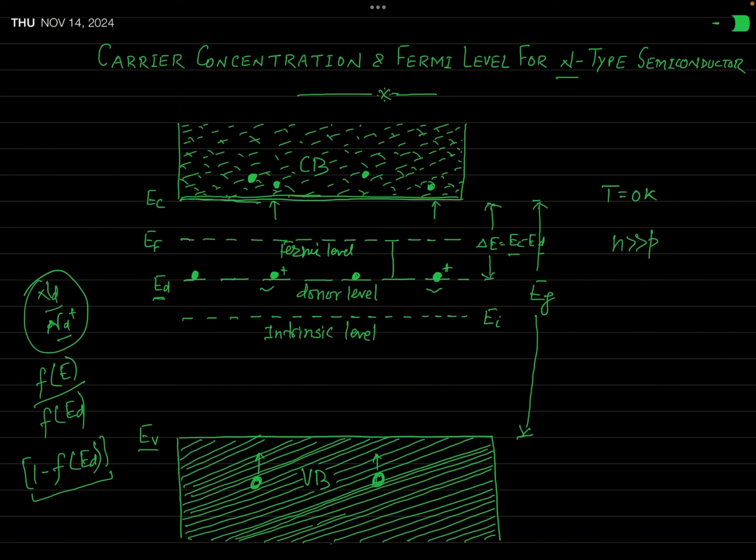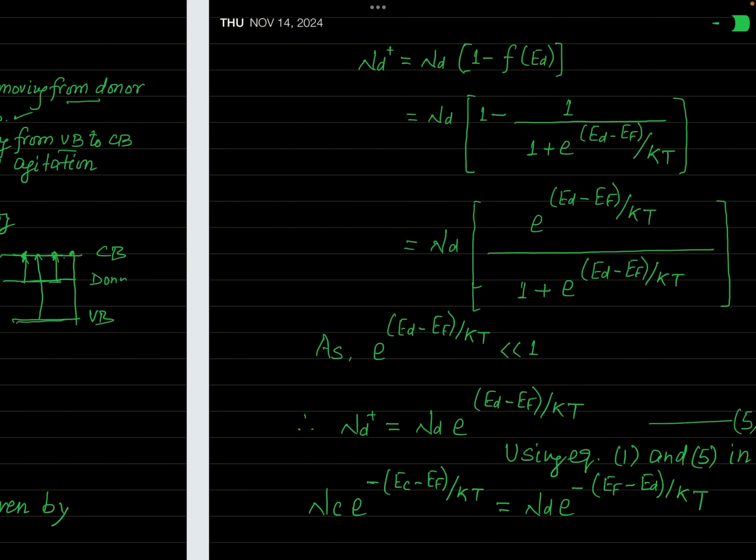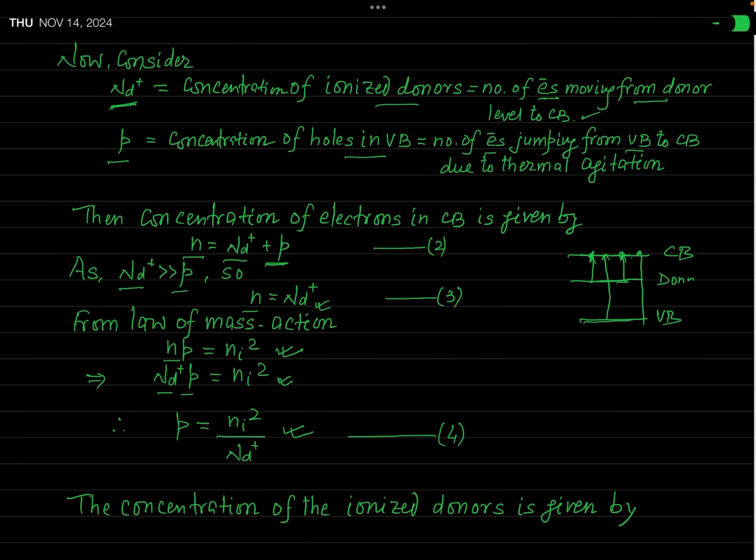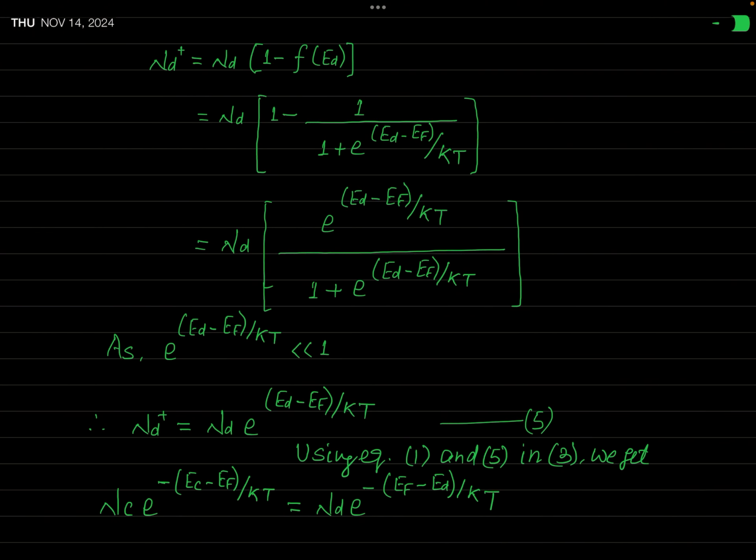When this probability is multiplied by the total number of donor atoms, you get the concentration of the ionized donor atoms. So the concentration of ionized donors is given by Nd plus equal to Nd times 1 minus F of Ed. But what will be F of Ed?